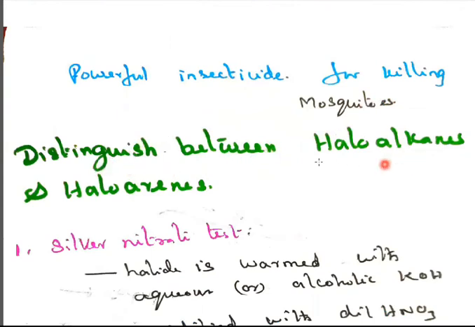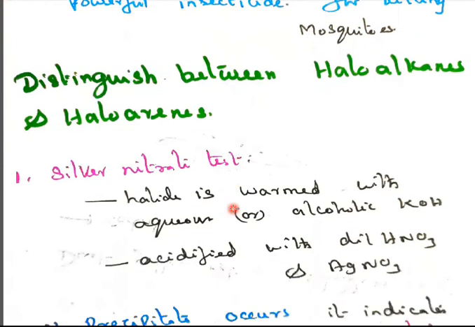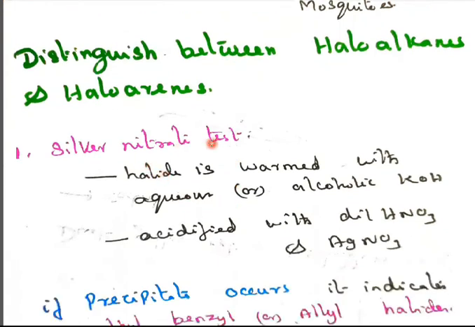Now distinguish between haloalkanes and haloarenes by a few tests. One is the silver nitrate test.